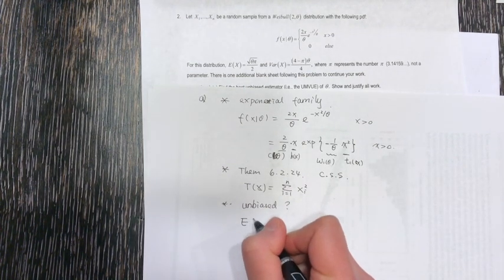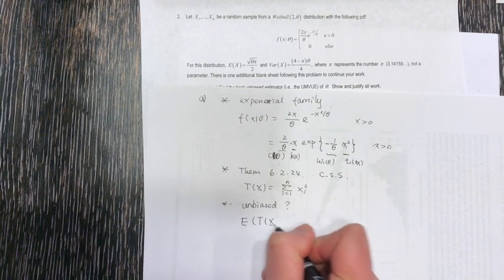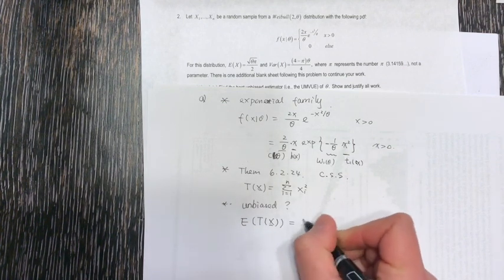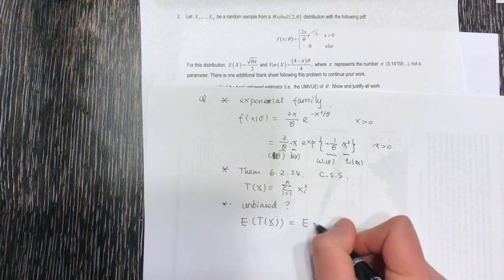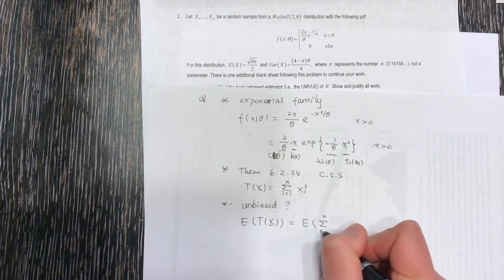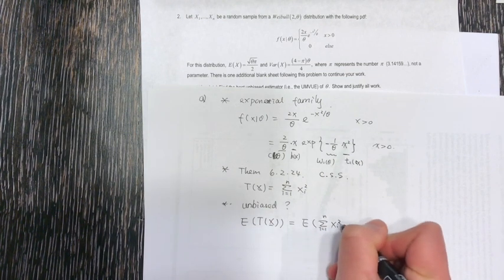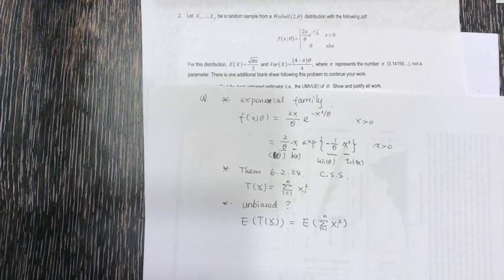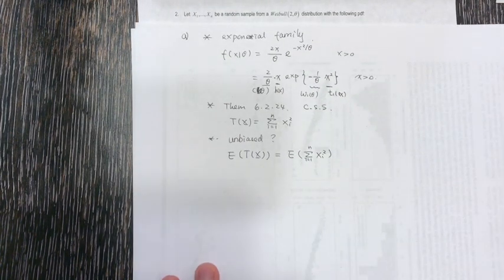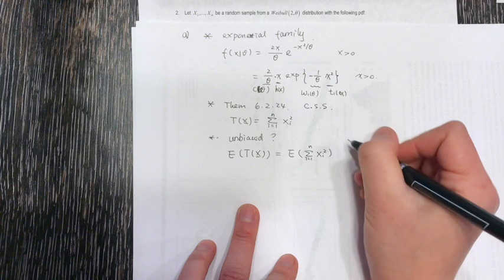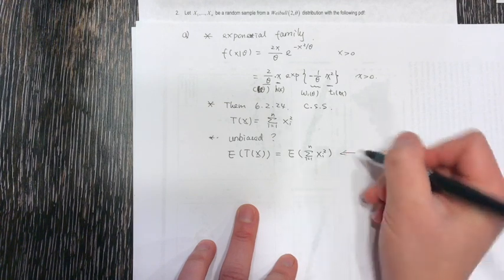So we get the expectation of T(X) equals the expectation of the sum of Xi squared.